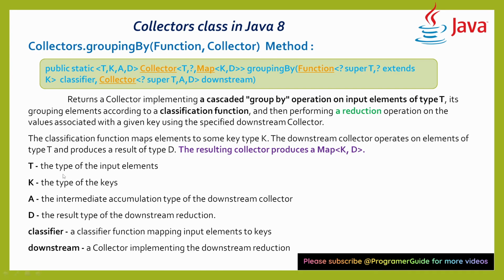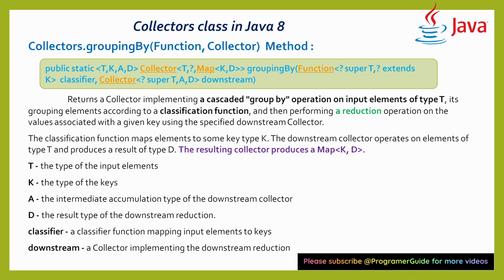It returns a collector implementing a cascaded group-by operation on input elements of type T, grouping the elements according to a classification function. That means multiple data is grouped together, and then a reduction operation is performed on the values associated with the given key using the specified downstream collector. Reduction operation means combining the data into a single entity.